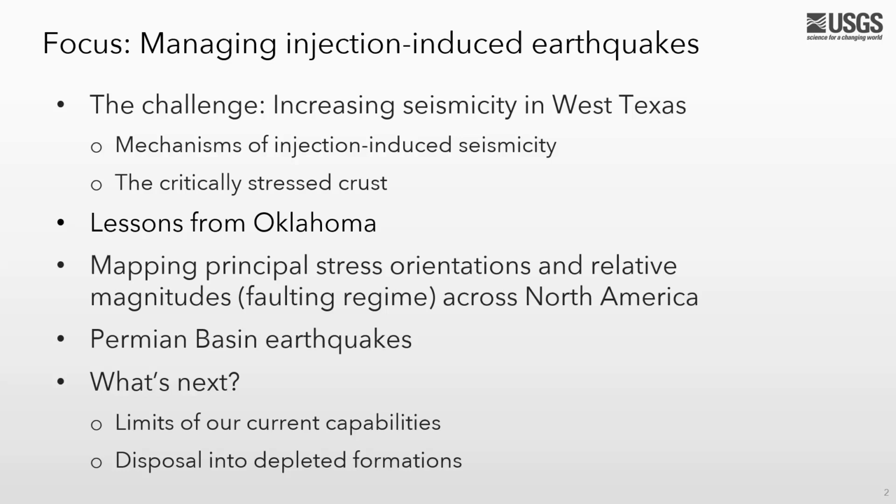I'll talk about the critically stressed crust, which is a very important fundamental understanding for that. And we have lessons from places like Oklahoma that can be applied here to hopefully get the seismicity rates down. And I'll talk about, in particular, work that I've done with Mark Zoback, mapping the state of stress across North America, focusing on the Permian Basin most of all. And then we'll talk about seismicity here.